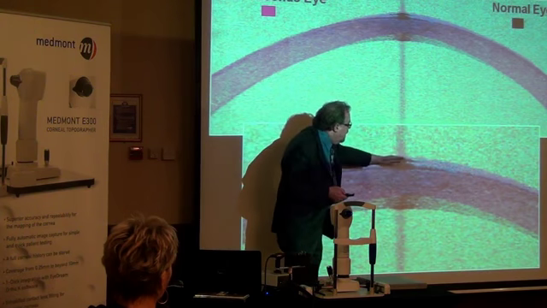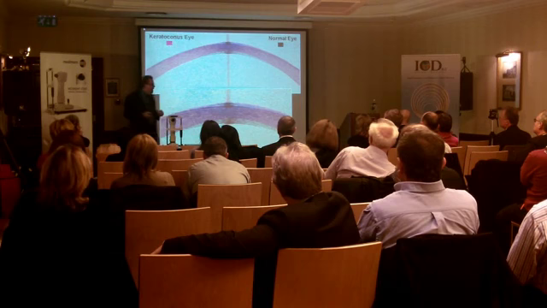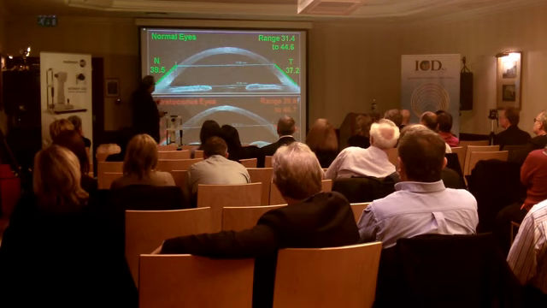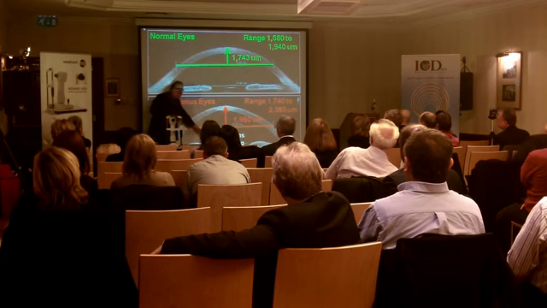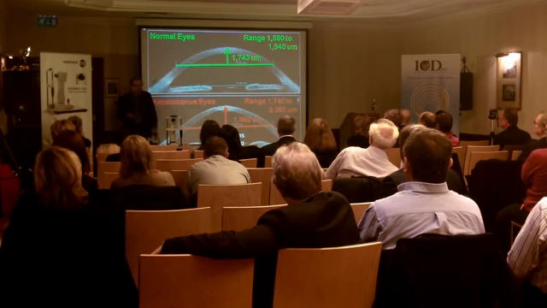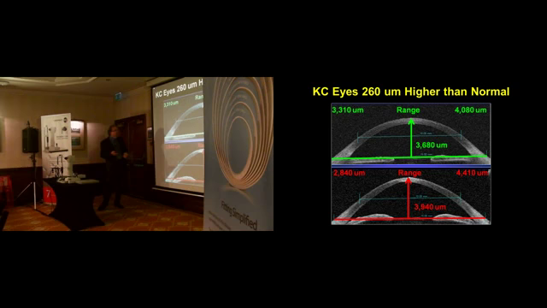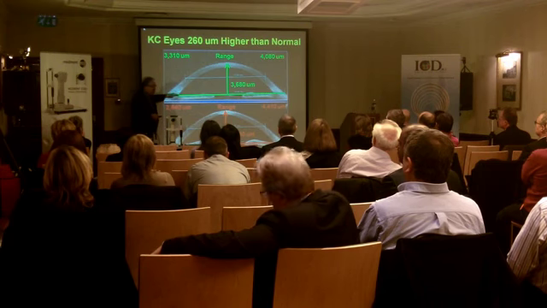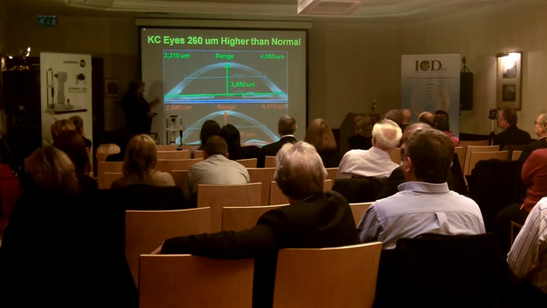That extra height is about 200 microns, exactly what we found here in our study, 217 microns of difference in the height of the eyes. So here again, we can see that there is no doubt that the keratoconus eye is indeed higher.